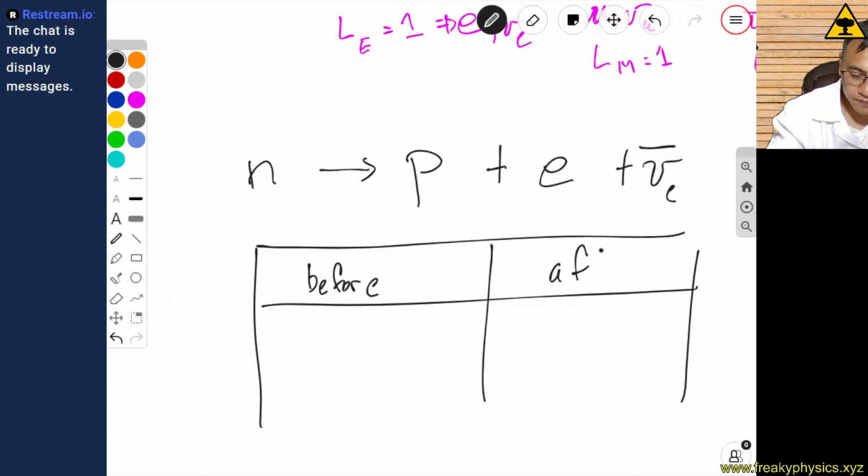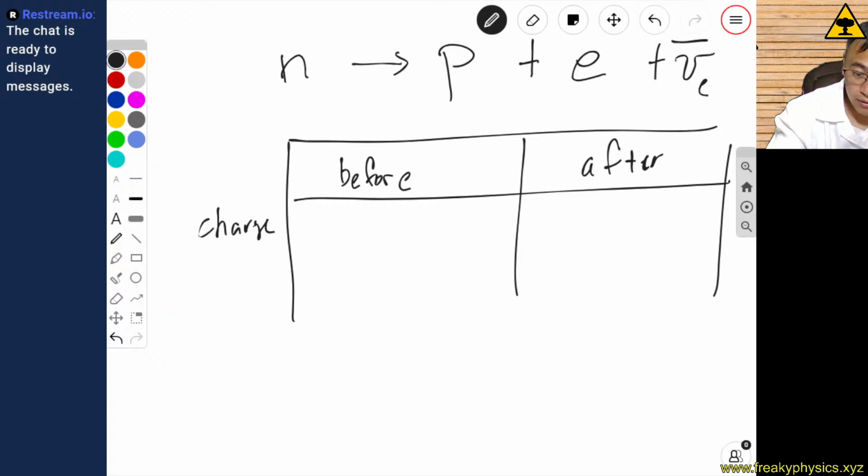Now, what do we have here? We'll put here the quantities that we want. We have charge, the baryon number, the electron lepton number Le, the tau lepton number, and finally the muon lepton number.